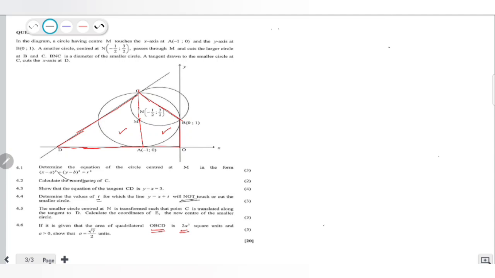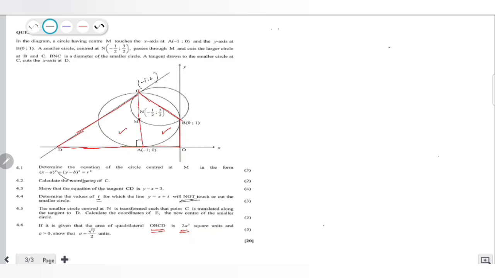First, let me explain why I said right angle triangle. The coordinates of C are -1, 2, right? And A is also -1, and M also -1, which means it's a vertical line, isn't it? So that is why it's 90 degrees.